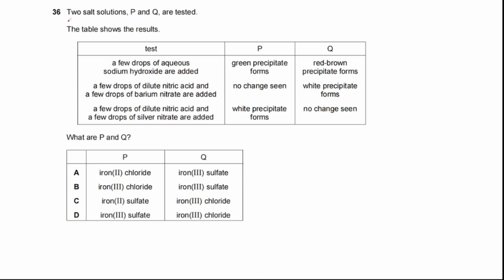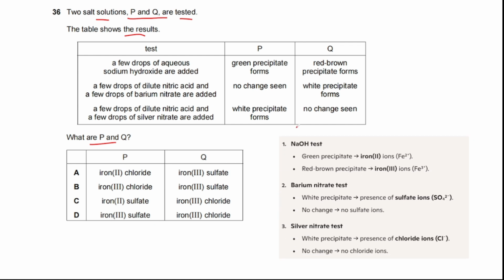Question number 36. 2 salt solutions P and Q are tested. The table shows the results. So here the tests are given, and what kind of reaction is observed, and what are P and Q. You have several options given. You should know these 3 tests. First one is the NaOH test.